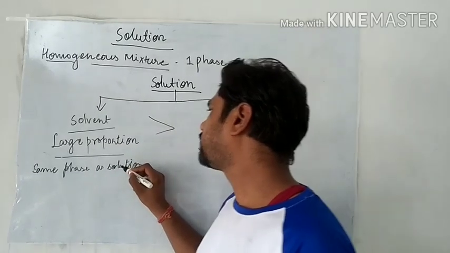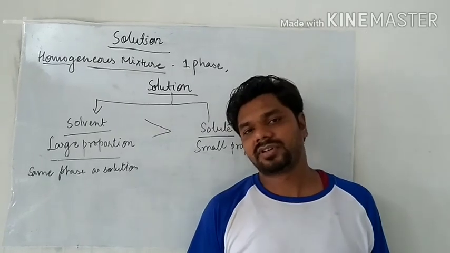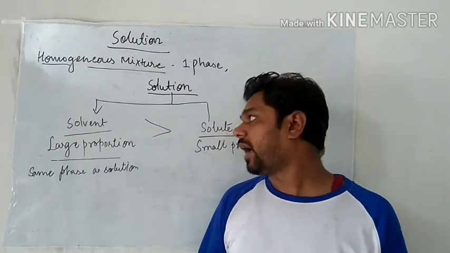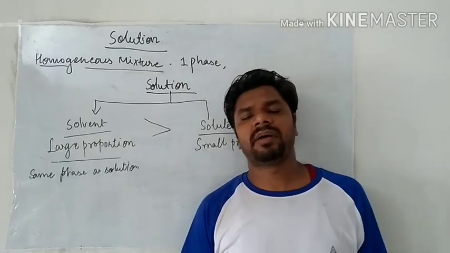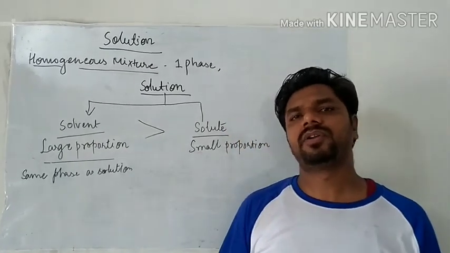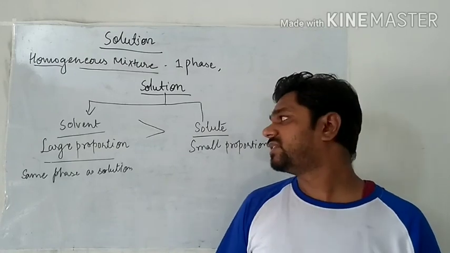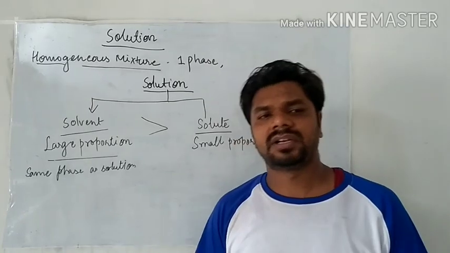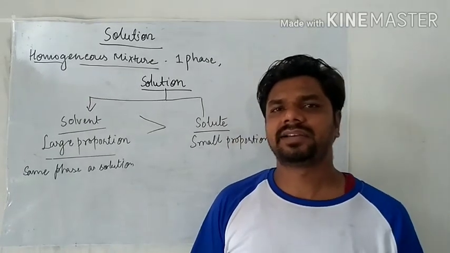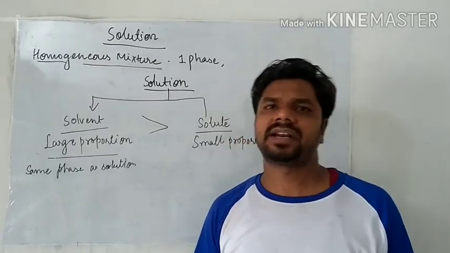Same phase as solution, it means the part whose phase is like the phase of the solution will be called solvent. And there will be a number of types of solution depending upon the physical states of the solvent and the solute: liquid solid solution, solid solid solution, gas liquid solution, liquid gas solution, etc.